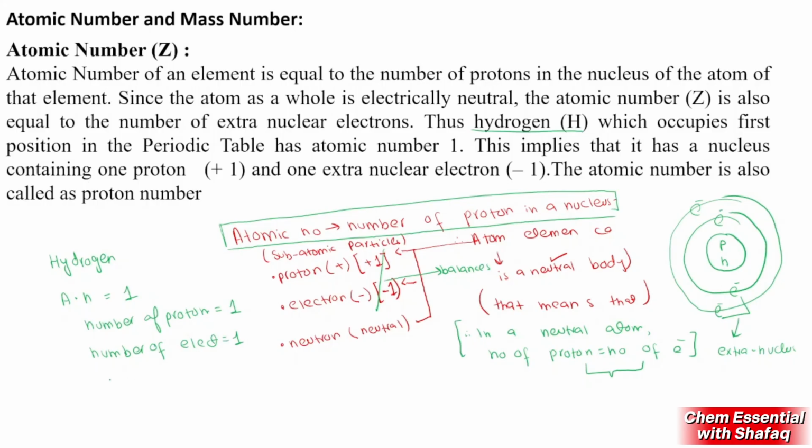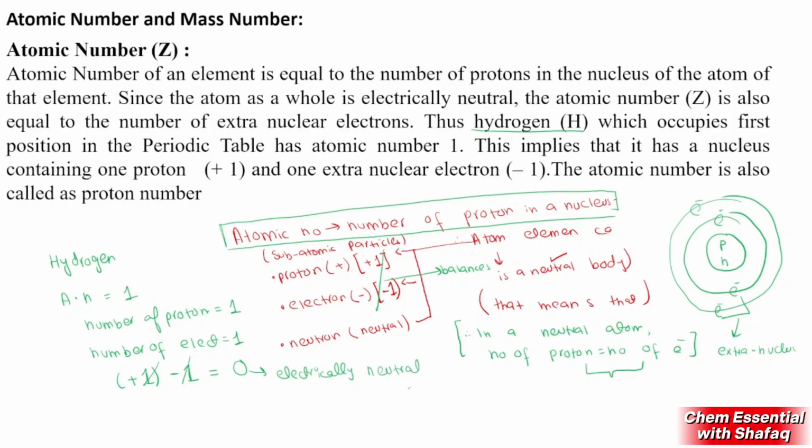Then the charge on the proton is +1 while the charge on the electron is -1. That's why they cancel out each other's effect and it is 0. That means it is an electrically neutral body and you cannot see any kind of charge on the atom of hydrogen in the periodic table.